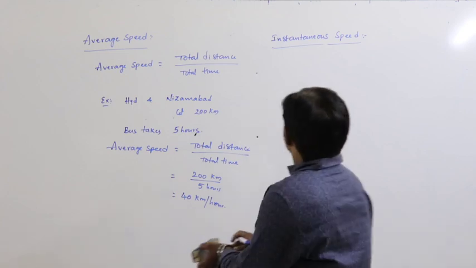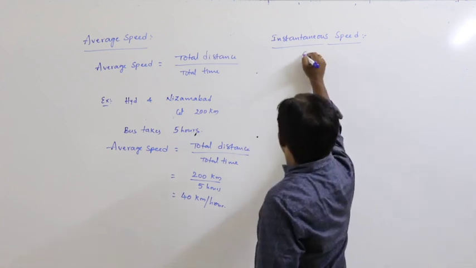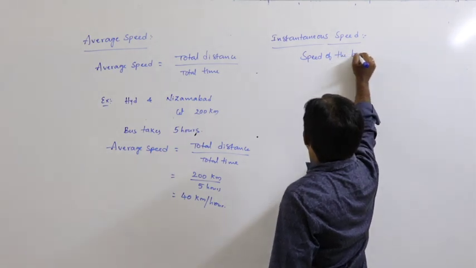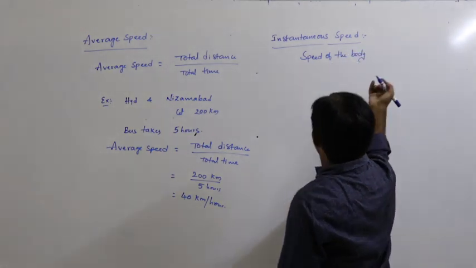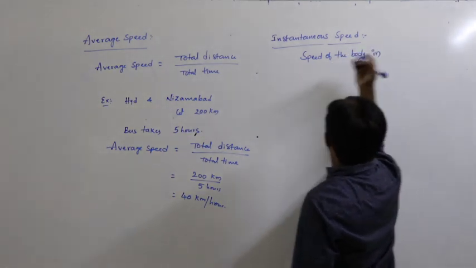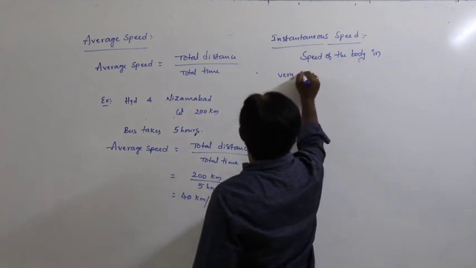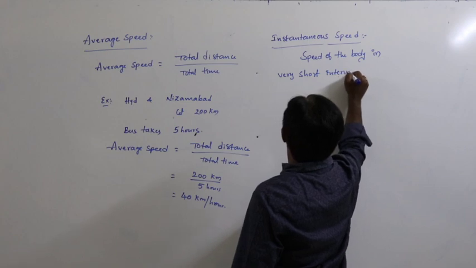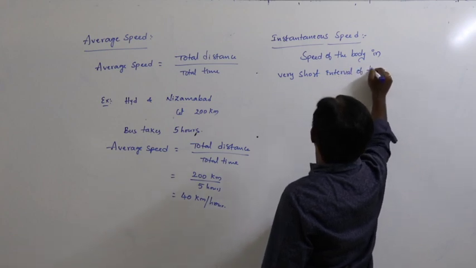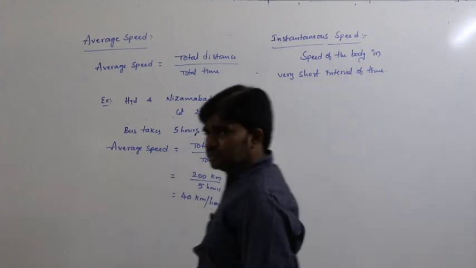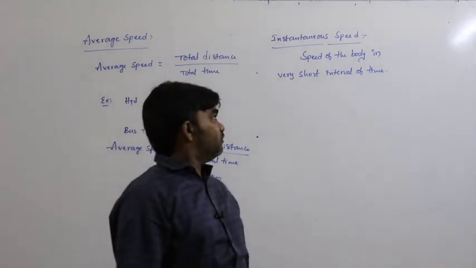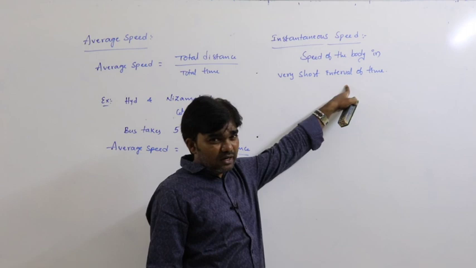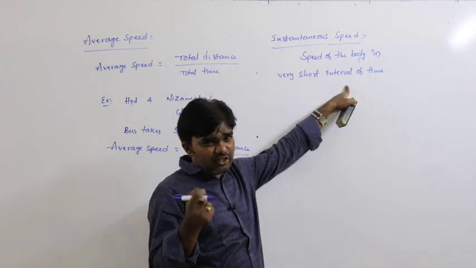Instantaneous speed means the speed of the body, or the speed of the particle, in a very short interval of time. The speed of the body in a very short interval of time is called instantaneous speed.